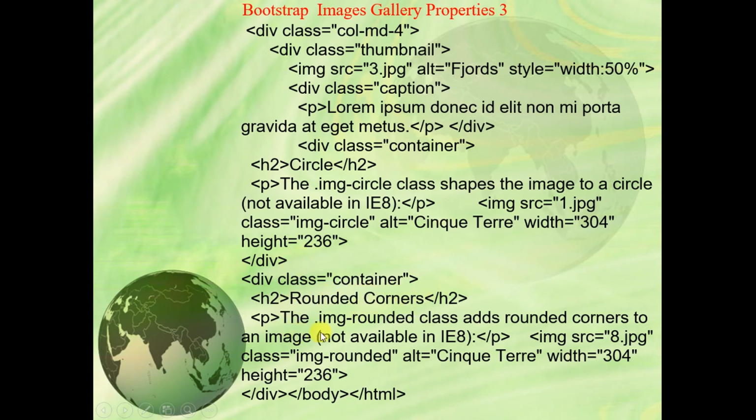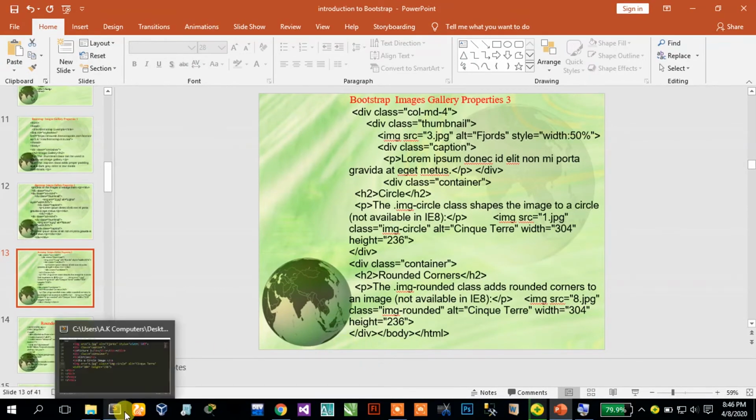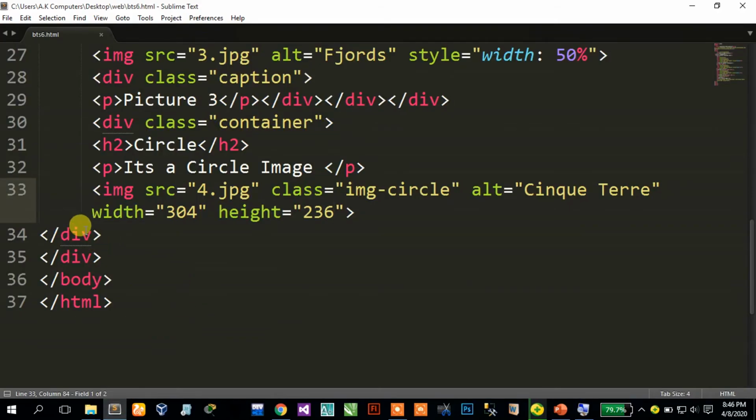Okay, this is another style, like four sections of an image and four sections here, rounded curve form. Okay, img-rounded, alt sim tab and the same properties. See how to do this. And here the div is closed. Now start another property here.